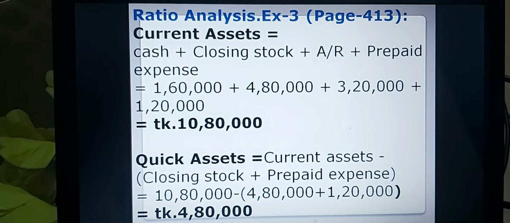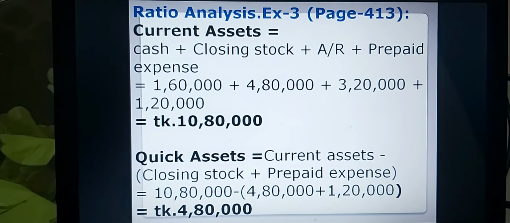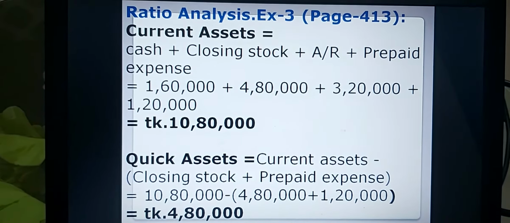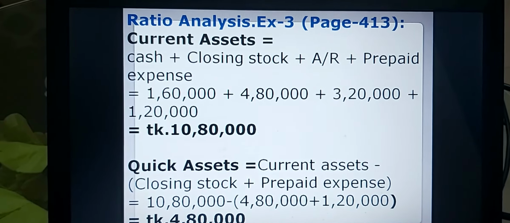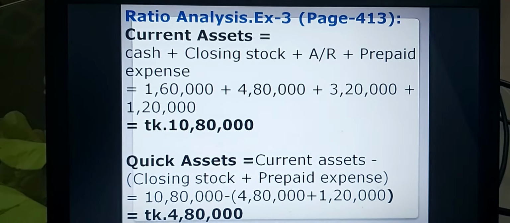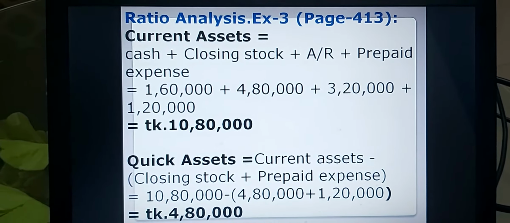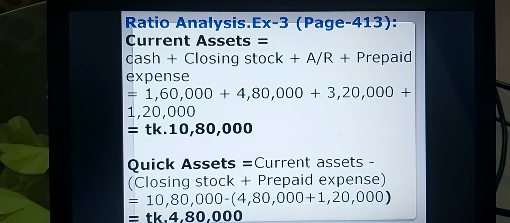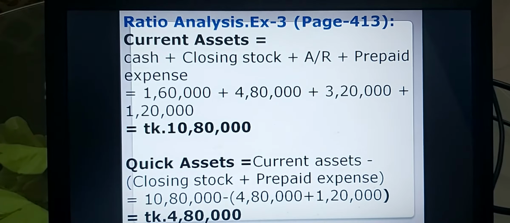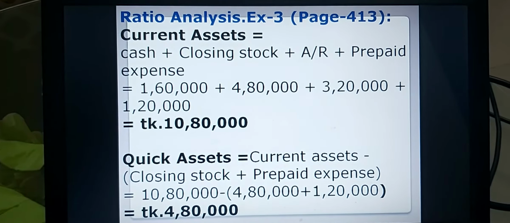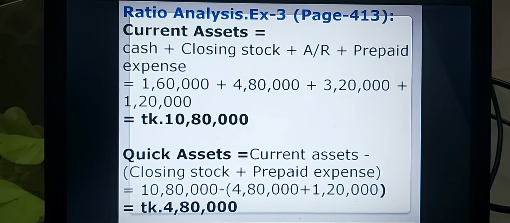Totally 4 items are related to current assets in this problem: cash balance, closing stock, accounts receivable and prepaid expenses. From the stem we can get the amount of cash 1,60,000, closing stock taka 4,80,000, accounts receivable taka 3,20,000, and prepaid expenses taka 1,20,000.